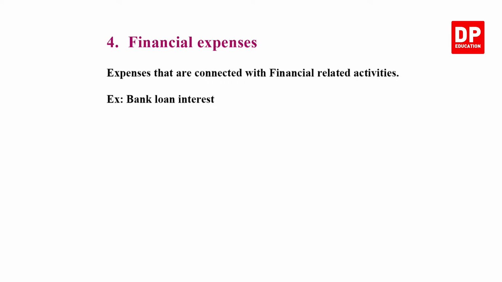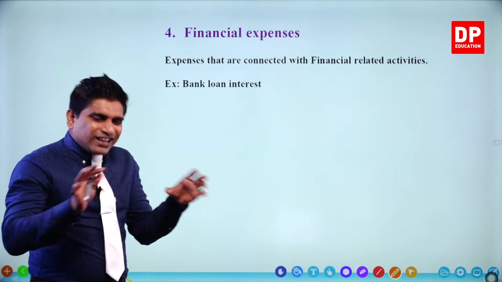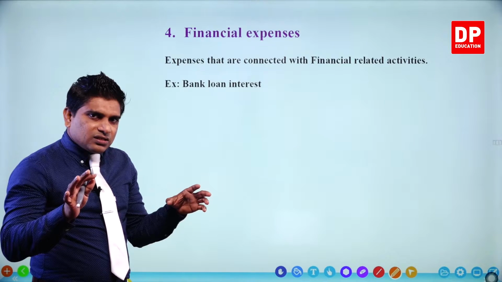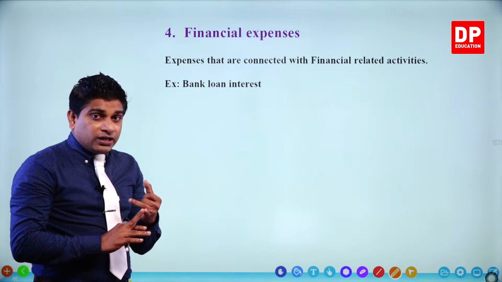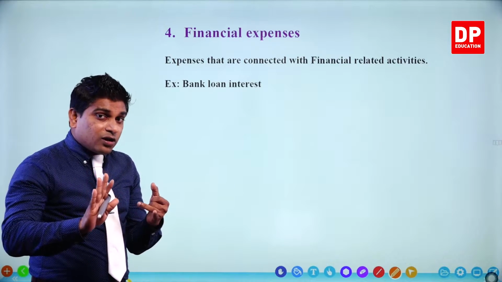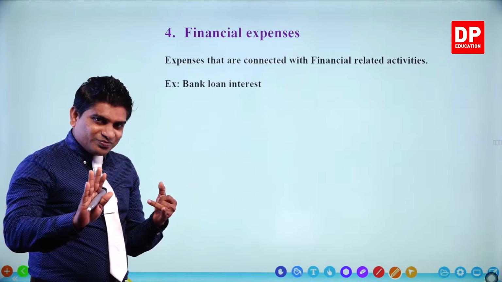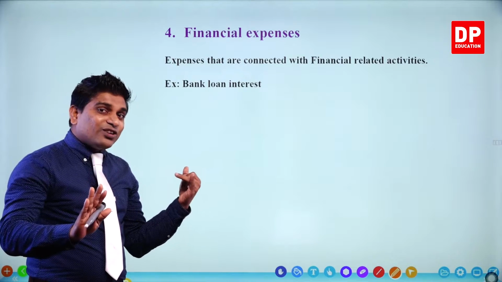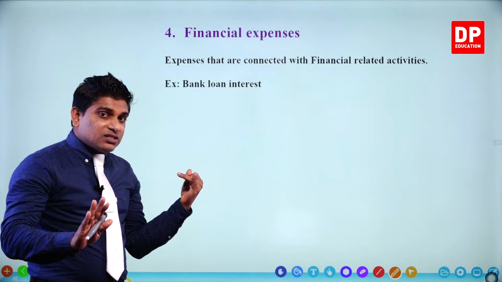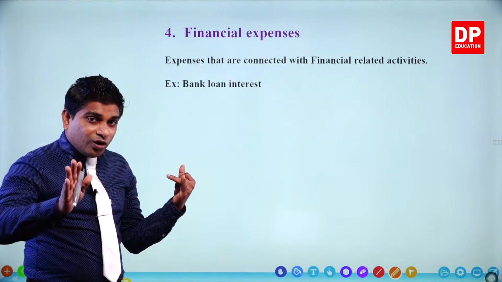Now the next one, financial expenses. In the financial expenses category we mention especially financial related activities. Bank loan interest, not the bank loan. A bank loan is a liability. Here we can write only income and expenses, so you never mention the bank loan here.